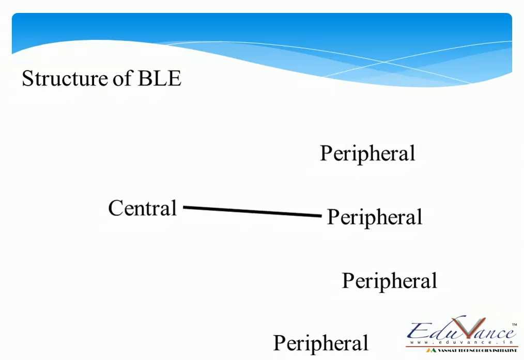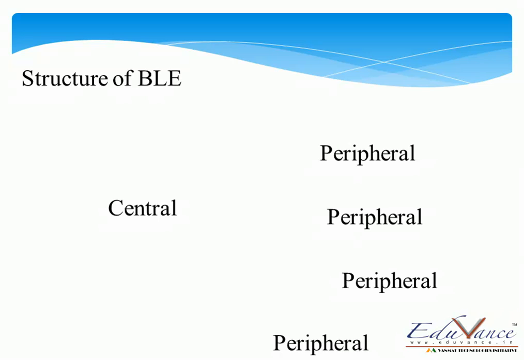If you want to connect to your friend's headphones, you have to disconnect from yours and connect to your friend. If there is another one, you will have to disconnect and then connect again. So at a time, one central can communicate with one peripheral, but there can be one central and multiple peripherals present. This makes the connection a one-to-one connection.